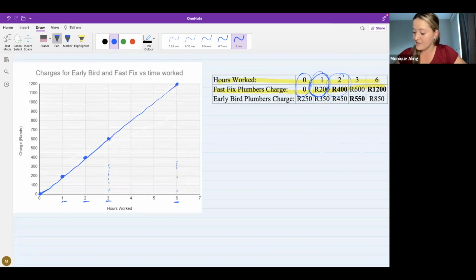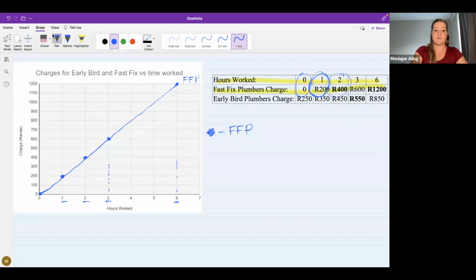Apologies, it isn't completely straight, but you will use a ruler. Okay, and then you can label the line. So it's fast fix, or you can make a key or legend on the side with your different color, just so that the marker can see which graph is which.